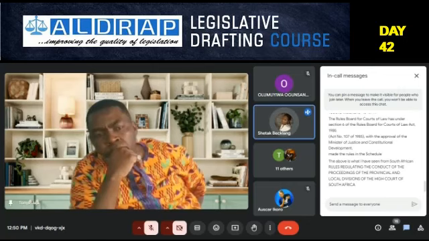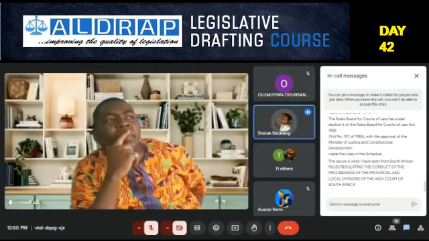Then it goes on to 3. In the construction of these rules, unless there is anything in the subject or context repugnant thereto, the several words hereinafter mentioned or referred to shall have or include the following meanings. Then it goes on to give meanings to some words.